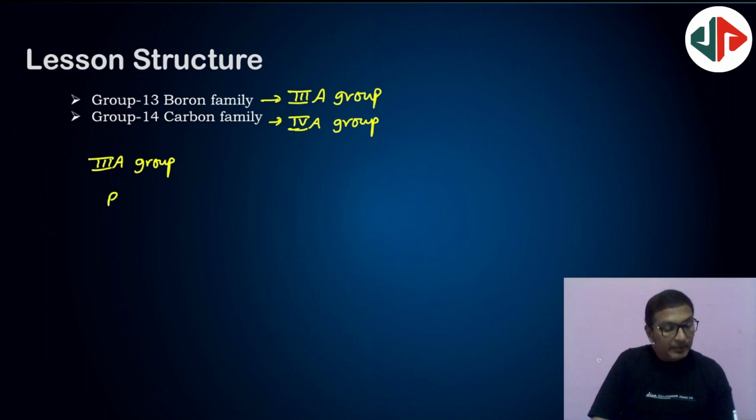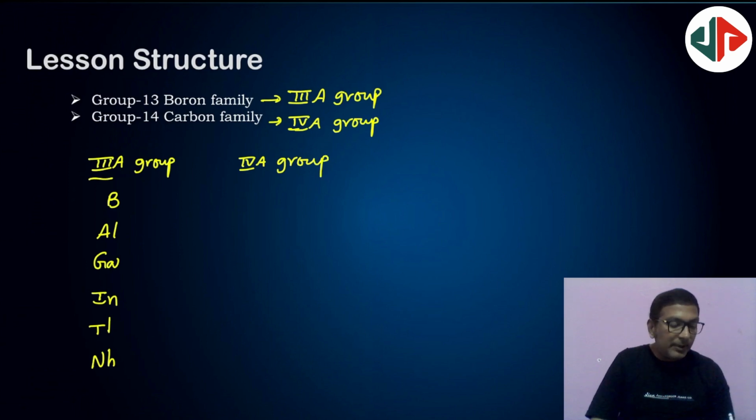The elements are boron, aluminium, gallium, indium, thallium and nihonium, Nh. The fourth group, which is the carbon family, consists of carbon, silicon, germanium, tin, lead and flerovium.